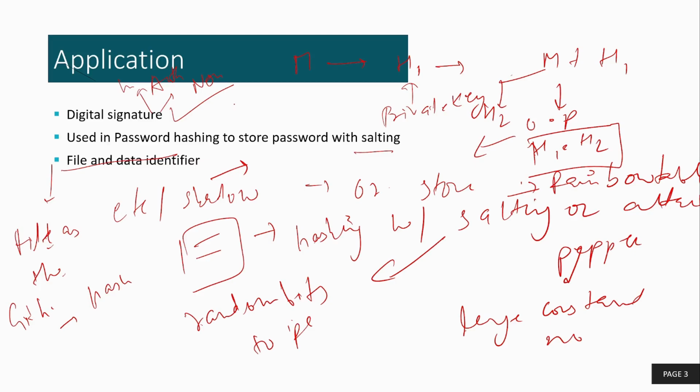Sometimes they also share a hash with you. So when you download and install it, you can check if the hash matches the one that was sent to you. These are some of the applications of hashing functions. There are different ones like proof of work and others, but most of the time you will see these three things.